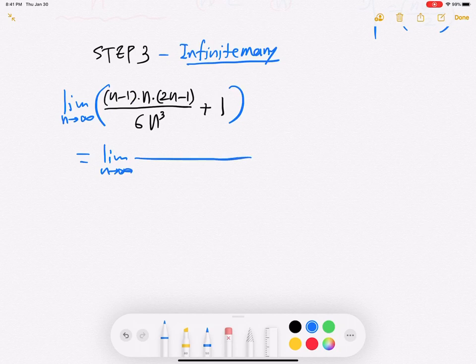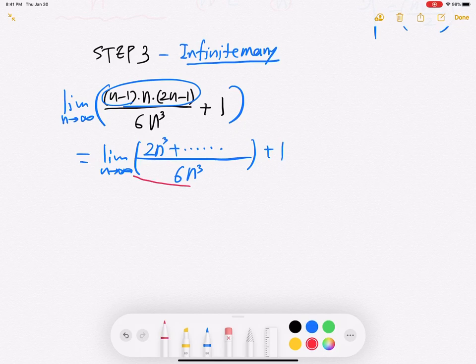If you expand this part, it's going to be 2n cubed plus something over 6n cubed, and then plus 1. The plus 1 is just 1, it doesn't involve any n. And as n goes to infinity, this part is infinity over infinity form, and they have the same degrees. So how did you solve that problem?